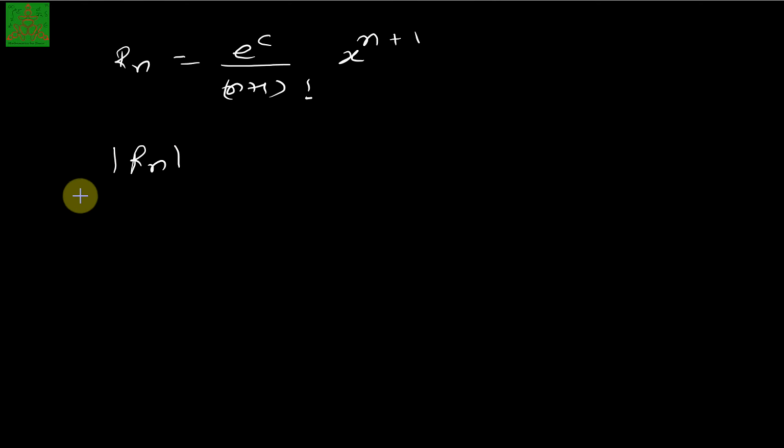So that gives me Rn as e power c upon n plus 1 factorial into x power n plus 1. Now we'll see what is the modulus of this Rn.